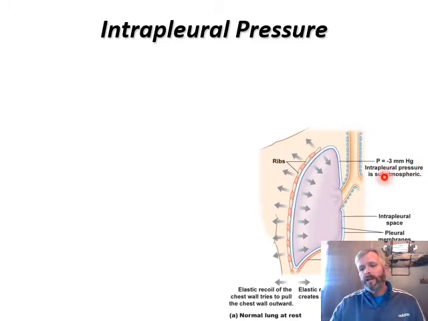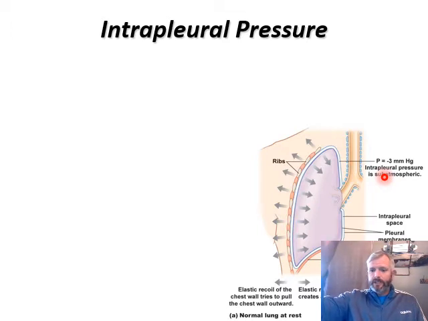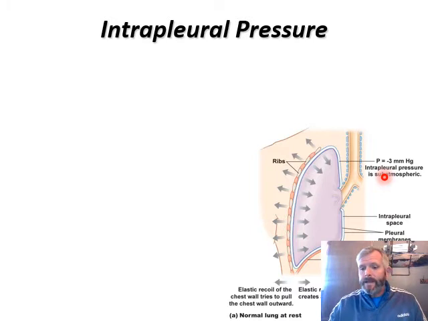What we've got to realize is that gases out in the environment exert a pressure. All right, and that pressure, we can call it atmospheric. And we will see at sea level, we can have 1 atmosphere of pressure.